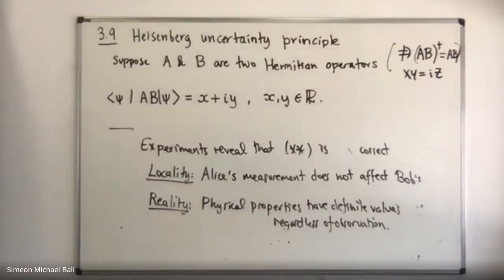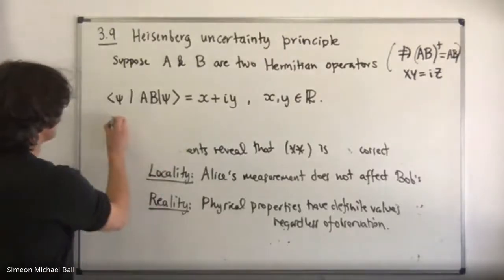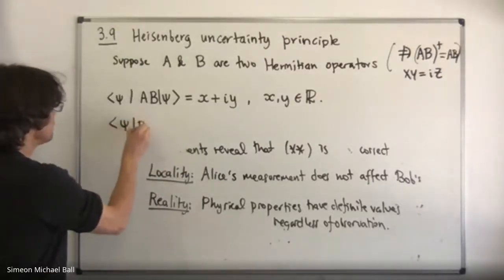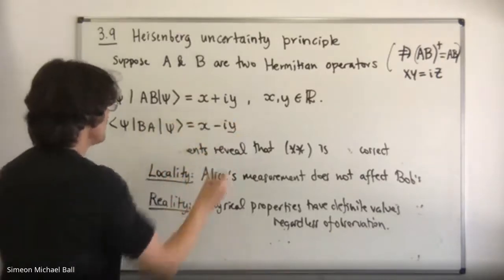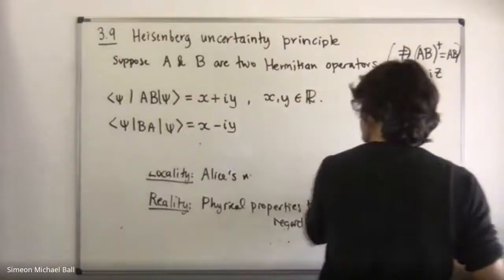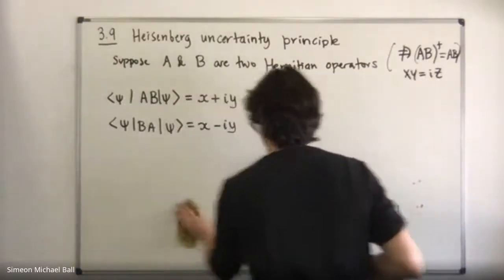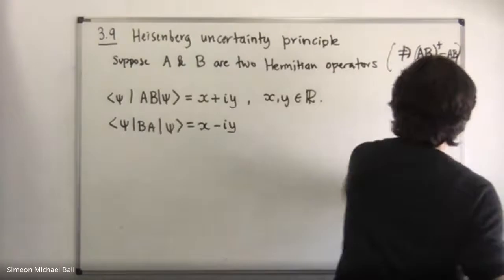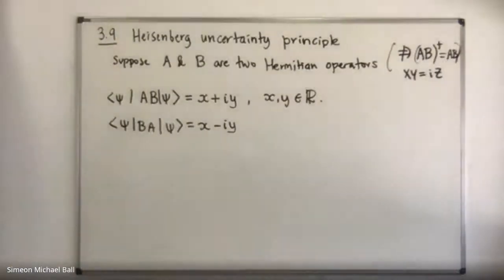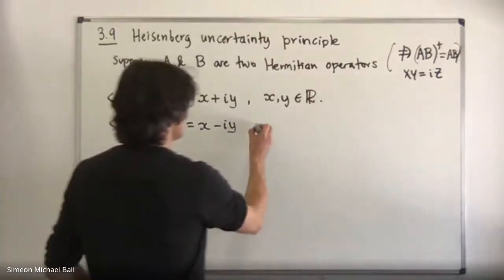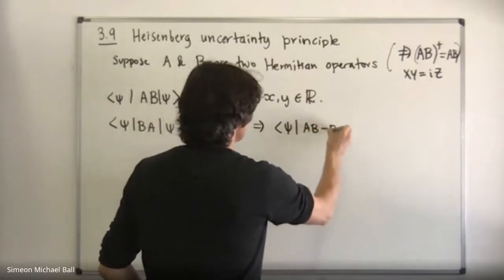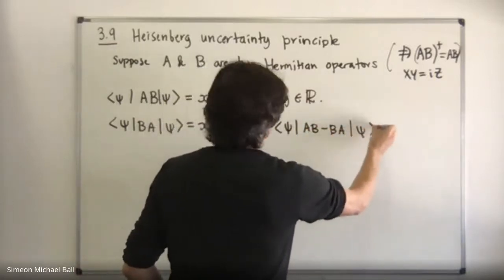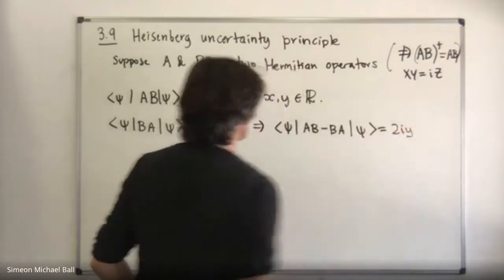And if I look at the conjugate of that, then this will be BA, minus iy, which implies that it's 2iy.